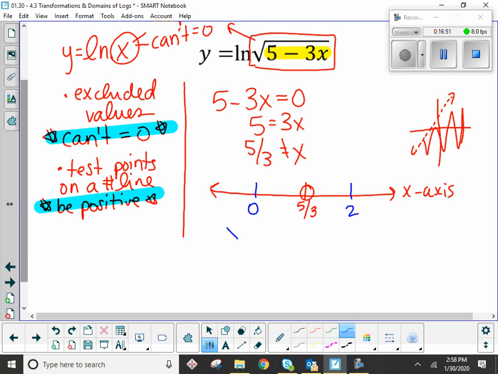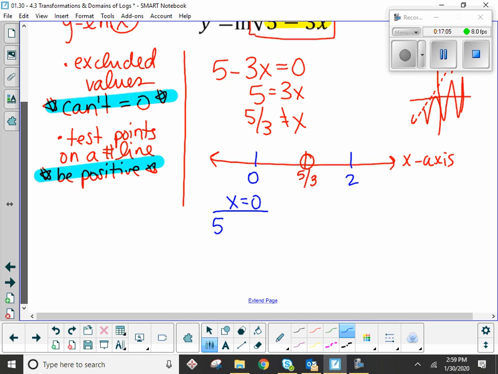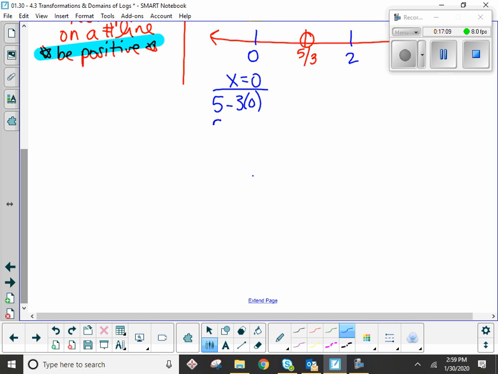When I say to test x equals 0, I mean you go to that highlighted stuff, this stuff I had in yellow, the 5 minus 3x, and you're going to plug that in and see what you get. You're going to say, all right, this is 5 minus 3 times 0, which is 5 minus 0, which is 5. Now, I don't actually care that it's 5.